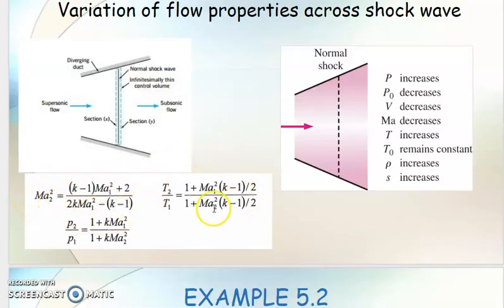Similarly, after you find Mach number 1 and Mach number 2, then you could determine temperature before shock T1 and after shock T2. Alright, so once again, these three equations are only valid for before and after shock. So I think that's all.